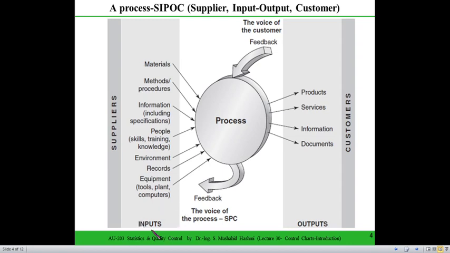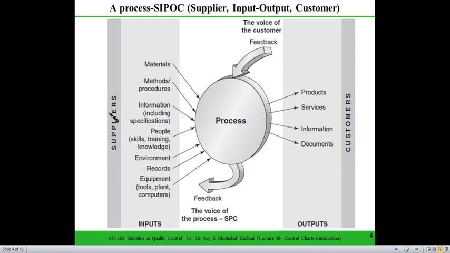And as we know, these inputs come from somewhere, and we call that entity the suppliers. So the quality of that input is dependent upon the quality of the suppliers.